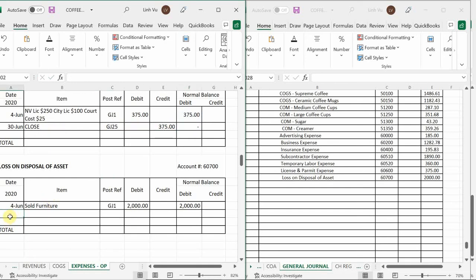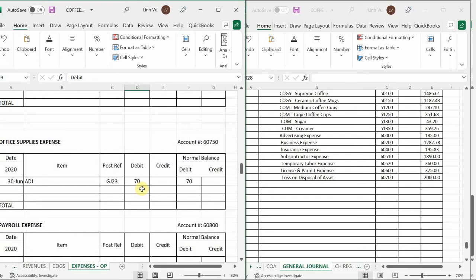And then, of course, on the loss of disposal of asset, for $2,000. And that's going to give me 0. Okay.